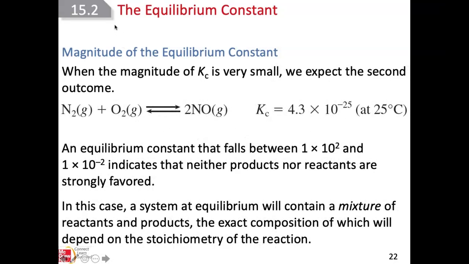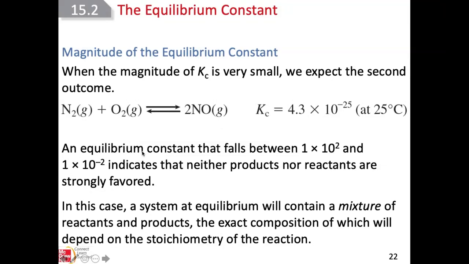When the magnitude of Kc is very small, take a look at the Kc for this reaction, 10 to the negative 25th power, then we will see that the reaction did not form any significant amount of product. We have a lot of reactants, nitrogen and oxygen gas, present, and the reaction did not make any significant amount of product.